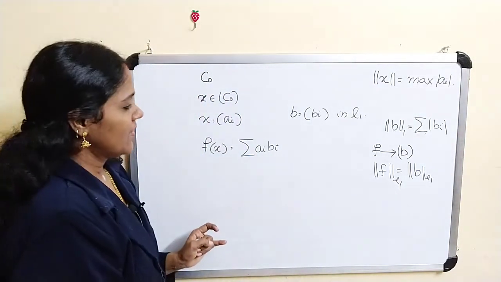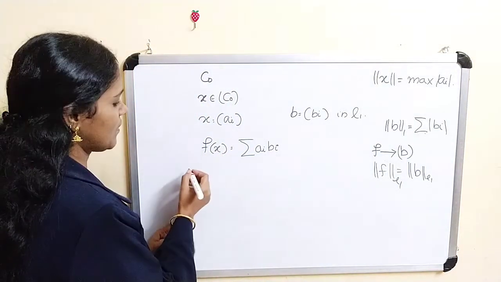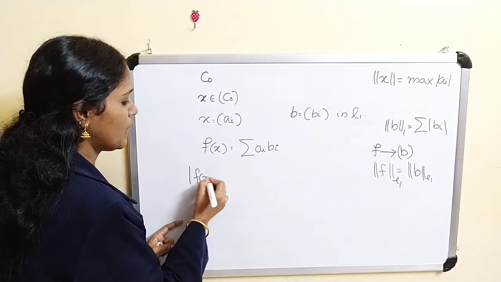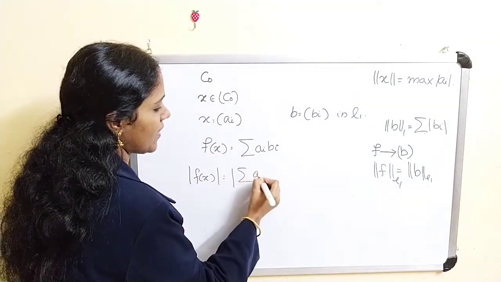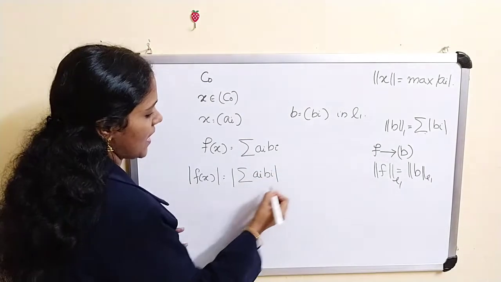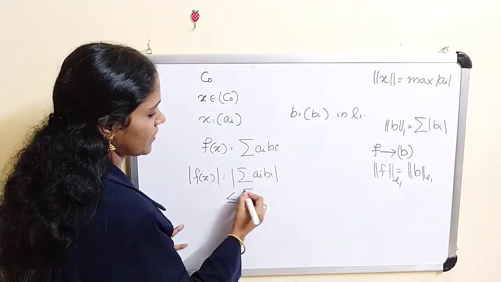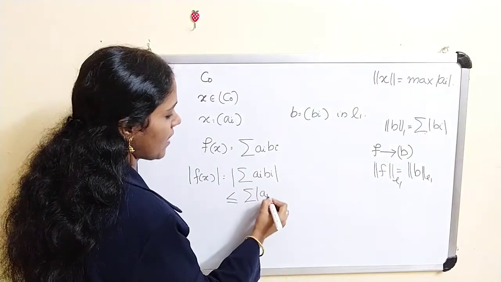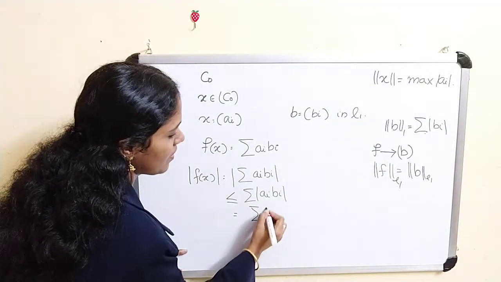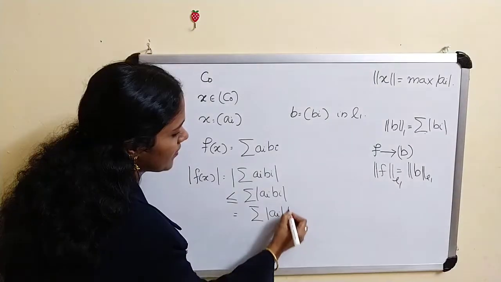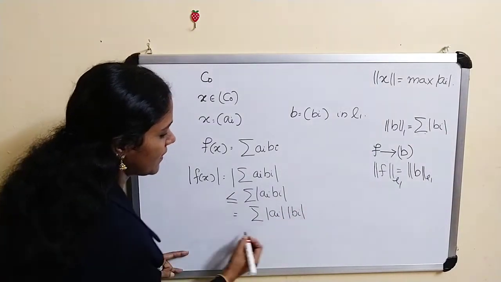Okay, now what about mod f of x? Mod f of x is equal to the modulus of sigma a_i b_i, and this is less than or equal to sigma mod a_i b_i.